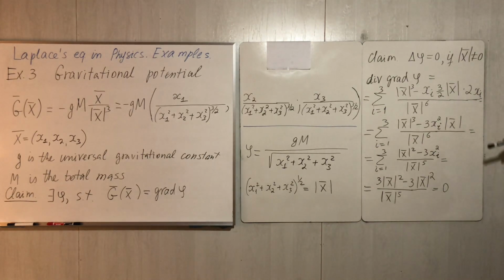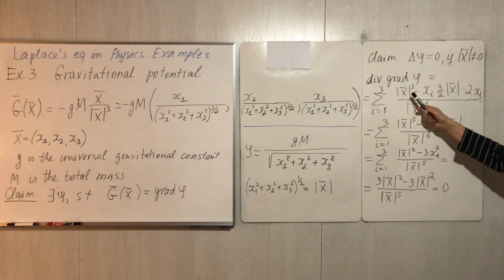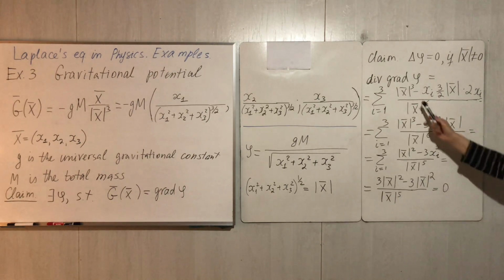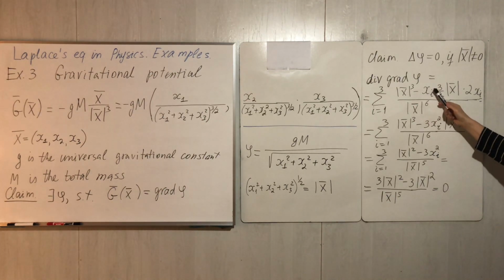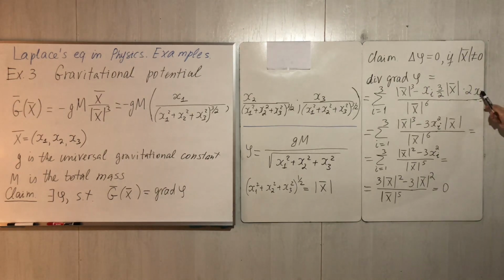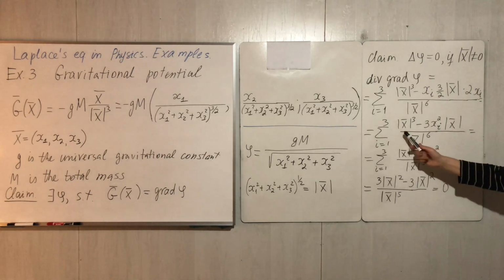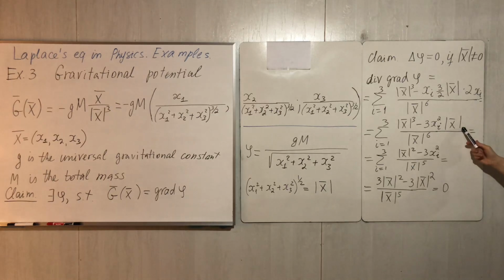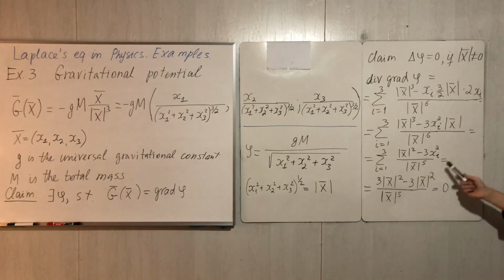The computations are written here. It will be the derivative of x1, then the bottom is multiplied by it minus the top times the derivative of the bottom, and then we will have this expression for every xi, and we just sum them all together.